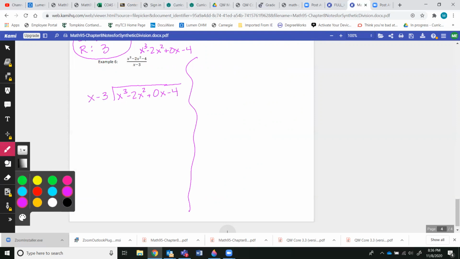Okay, I'm going to give you just a second while you're watching this. Obviously, you can just pause it also if you need more time. But I want you to think about what term is going to go right here. X times what would give us x cubed? If you get that, then go ahead and multiply by both of these.